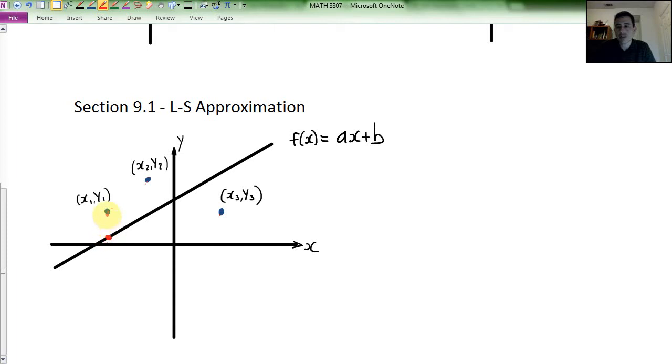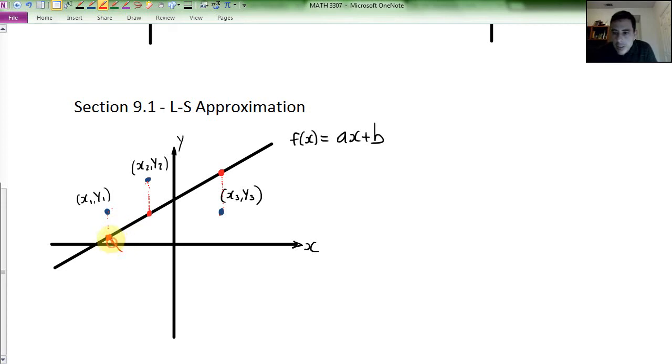So this would be like the point where we calculate the distance. It's the distance from that line, and here is a point on the line that is closest, or that we're going to use to minimize the distance, and here's another point. So what we're going to do is to take these values.